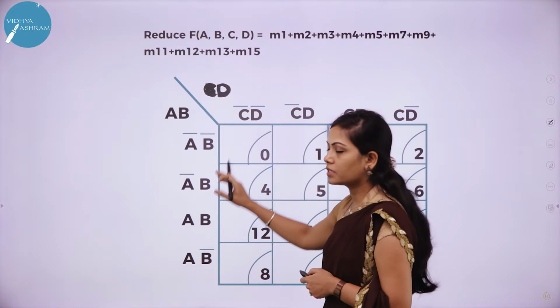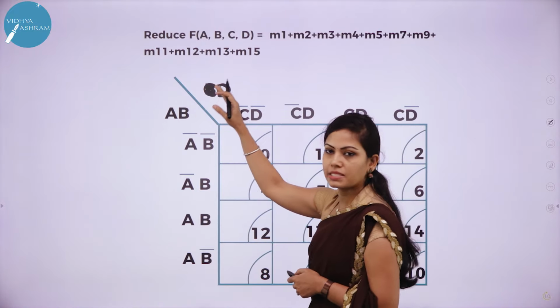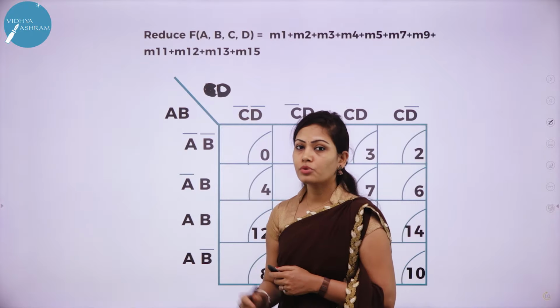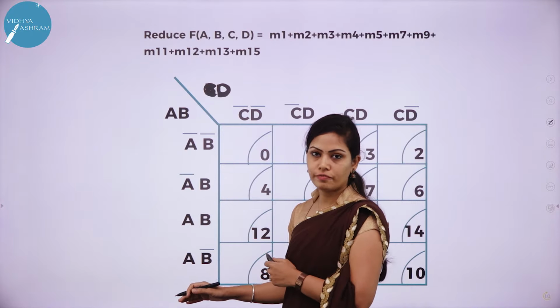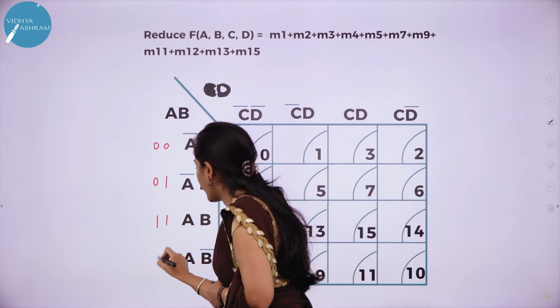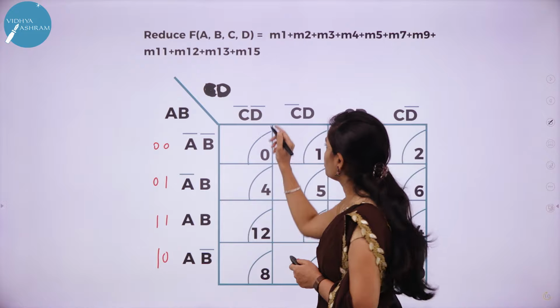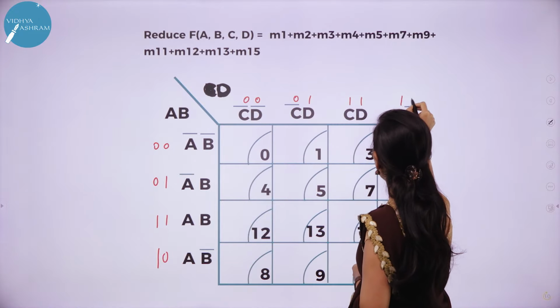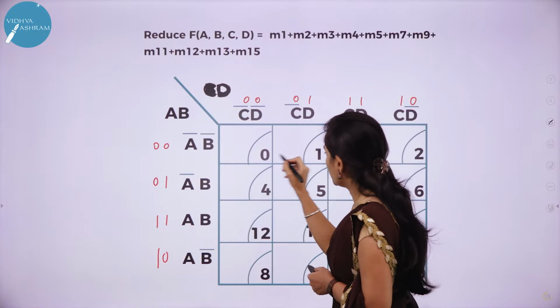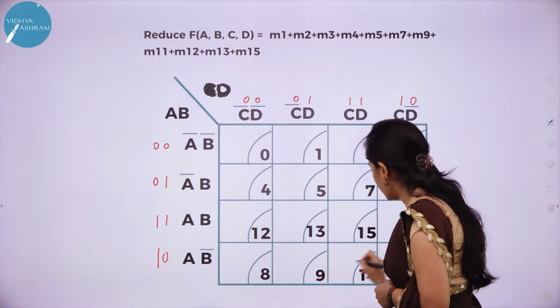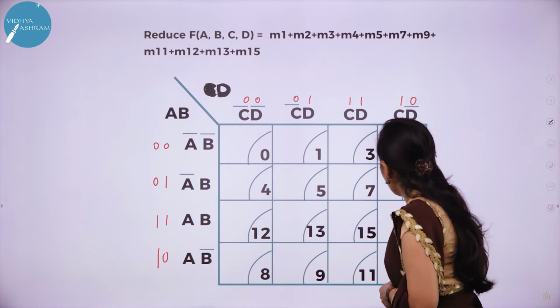So first construct the table of AB and CD. Next write the ordering of the variables, that is 00, 01, 11 and 10. Here also you should use 00, 01, 11 and 10. And the designation 0, 1, 2, 3, up to 15.